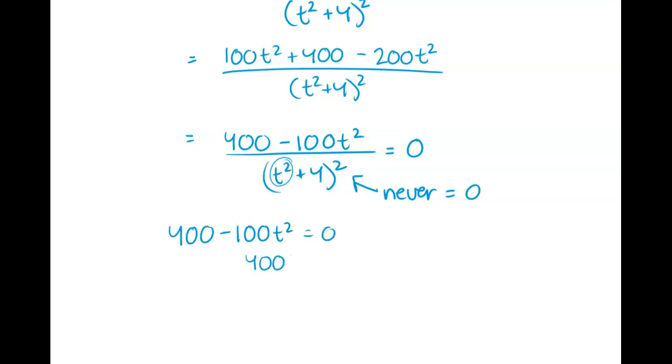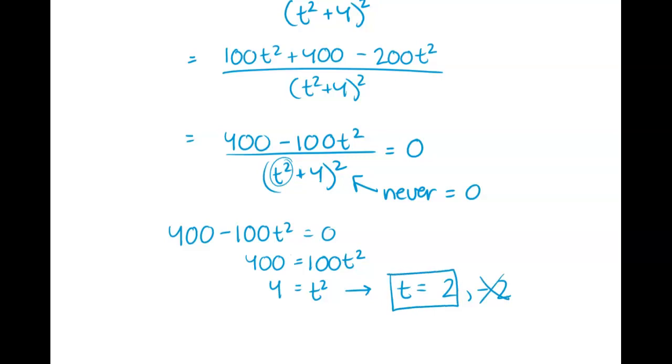When 400 equals 100t squared, or when 4 equals t squared. So t is 2 or negative 2. But since time is passing, a negative value really doesn't do anything for us. So we'll look at t equals 2. So this is a critical point.